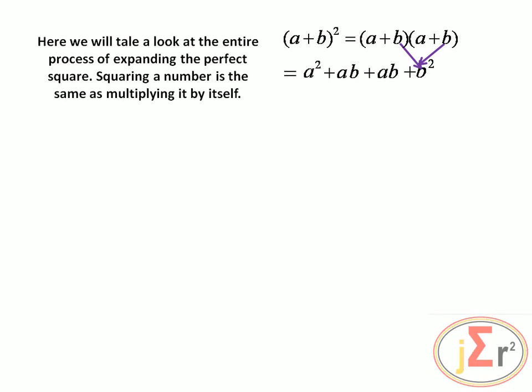We have shown that in expanding these brackets we use the first term and multiply by each of the terms in the second brackets. Then we take b and do the same: multiply b by each of the terms in the second pair of brackets.